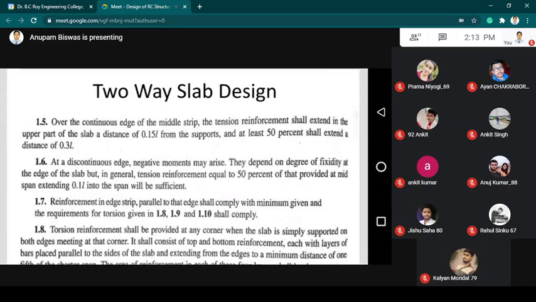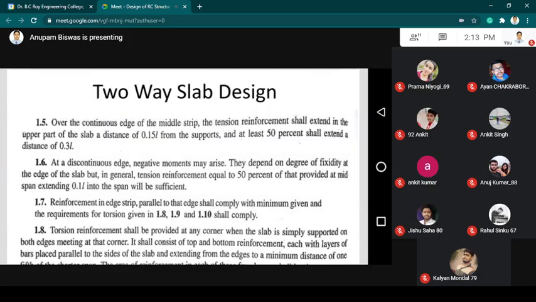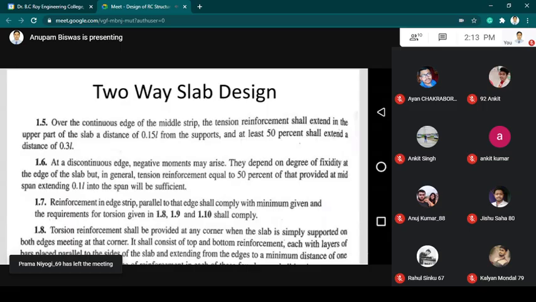For this, there is a dependence on the degree of fixity of the edges of the slab, but in general we only provide 50% of the tension reinforcement, extending up to 0.1 L. That is sufficient to take the tension, by providing reinforcement equal to 50%, extended into the span up to 0.1 L.